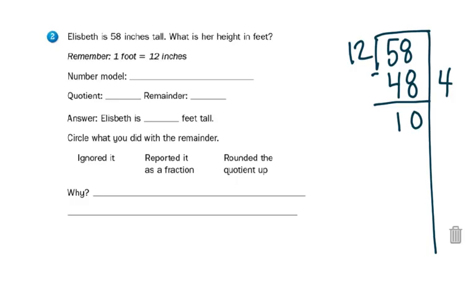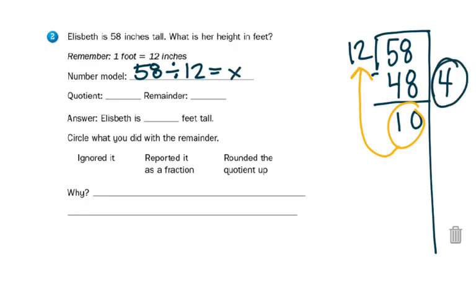No. Our remainder is now smaller than my divisor. And so the 10 is the remainder. So the number model was 58 divided by 12 gives me how tall she is. The quotient is the answer, and the remainder was 10.